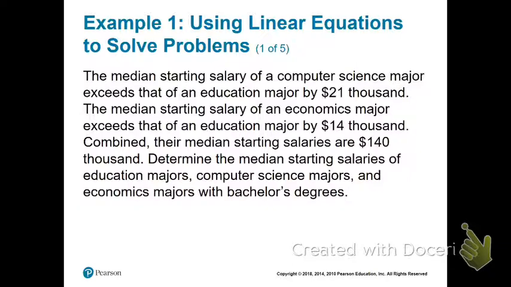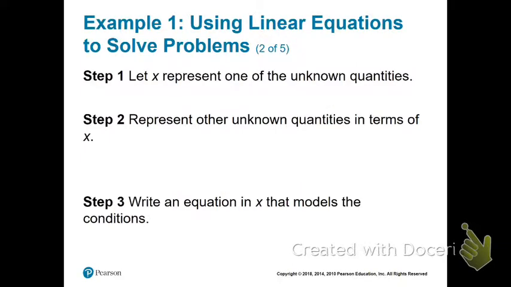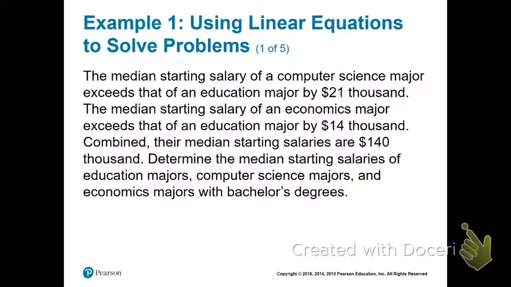All right, so on your next slide here, you can see it starts with your steps. Step 1 says let x represent one of the unknown quantities. If you look at what it's asking you for, that's where you're going to find your unknowns. In the last sentence, it says determine the median starting salaries of education majors, computer science majors, and economics majors.